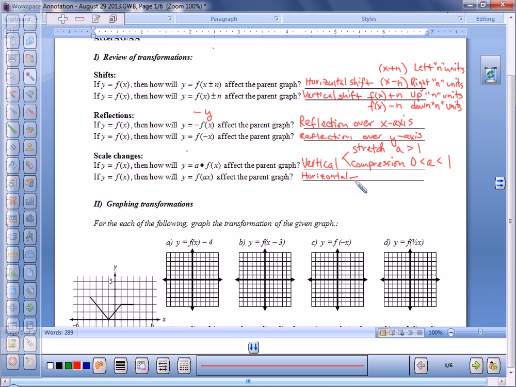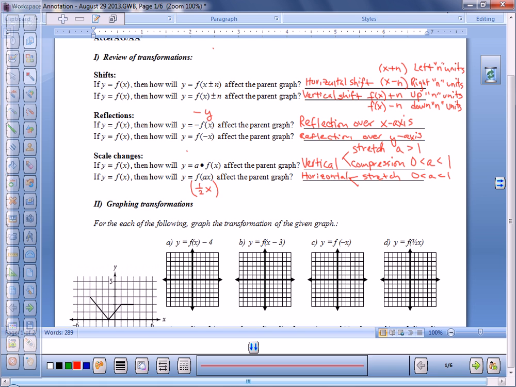So our horizontal stretch occurs when a is actually less than 1, because anytime it affects the x, we always do the opposite. If a were 1/2, what is the opposite of multiplying by a half? Multiplying by 2. Do you see how that would stretch it out if I took all my x values and multiplied them by 2? Makes them bigger, stretches out my function.